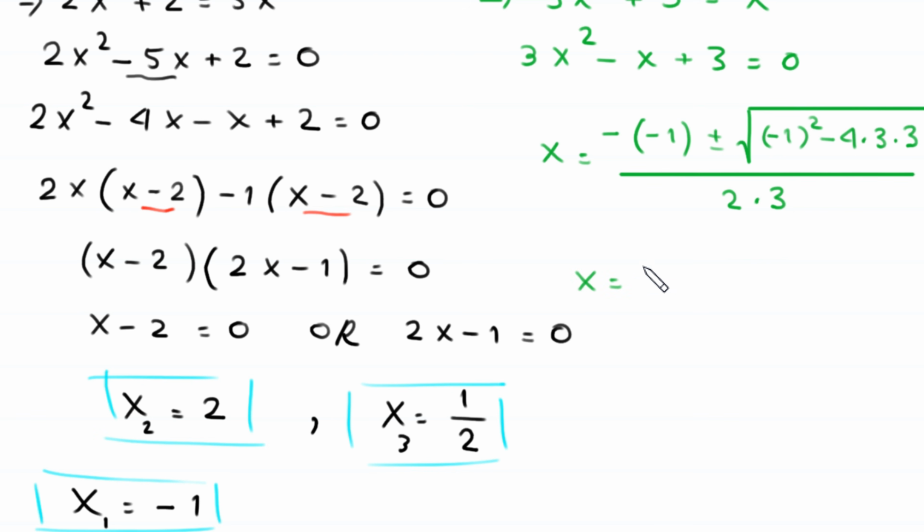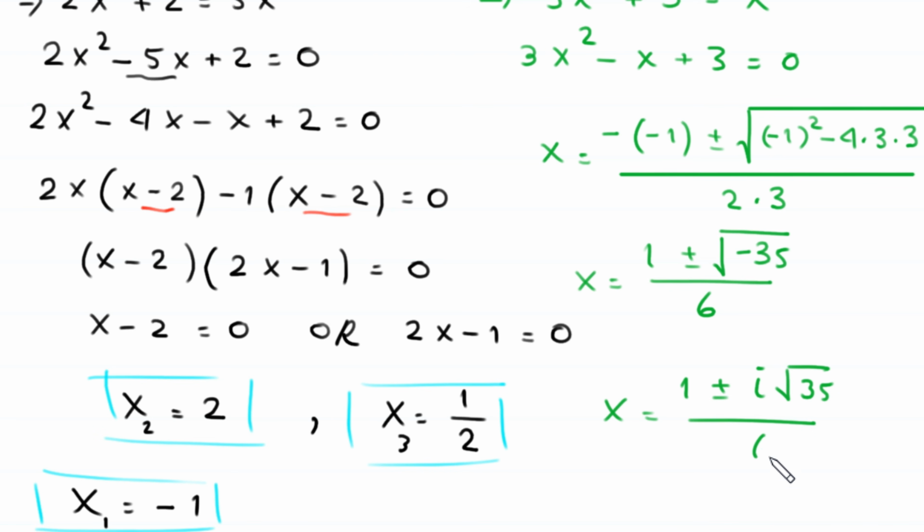Next, x is equal to, this will become positive 1 plus or minus the square root of negative 1 squared is 1, and negative 4 times 3 is 12, times 3, negative 36. 1 minus 36 will become negative 35, root negative 35 divided by 2 times 3, 6, and further simplify, this will become x is equal to 1 plus minus i times root 35 divided by 6.